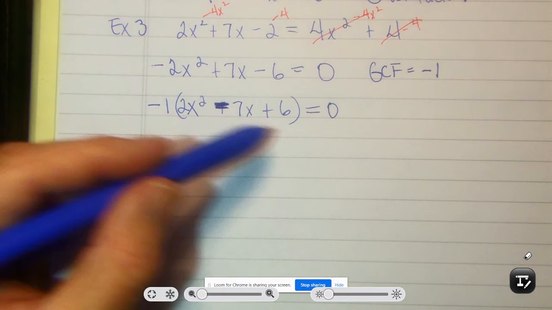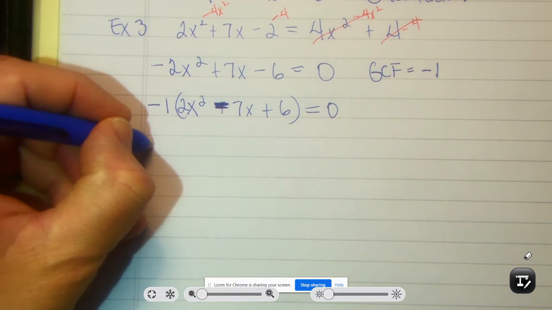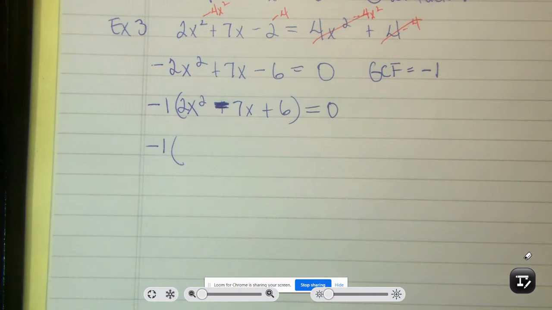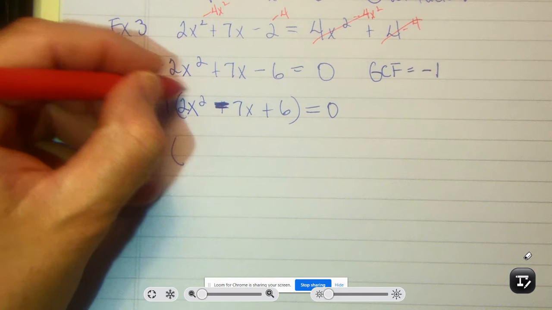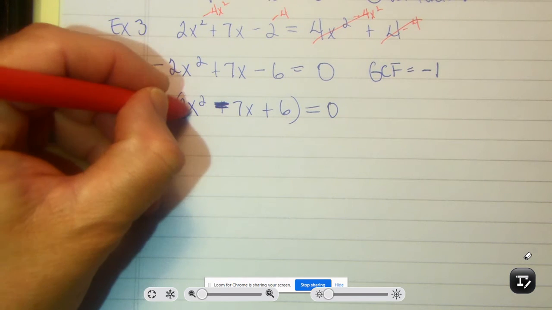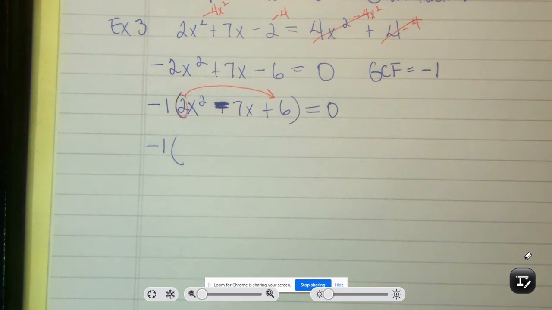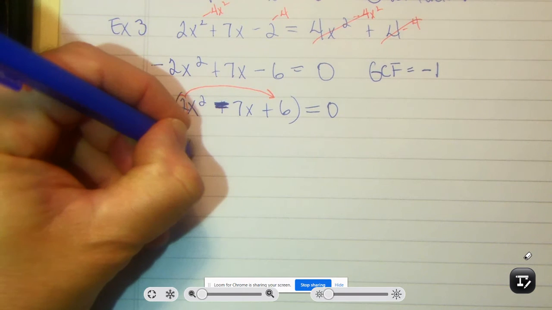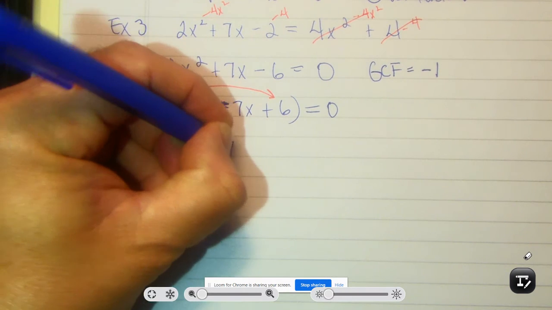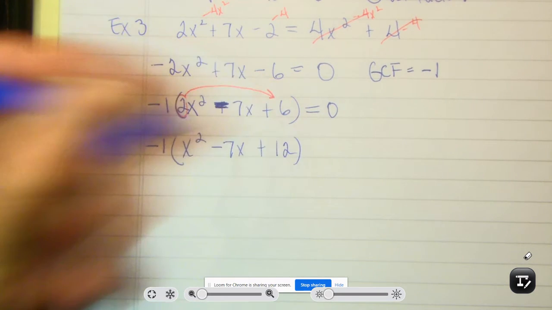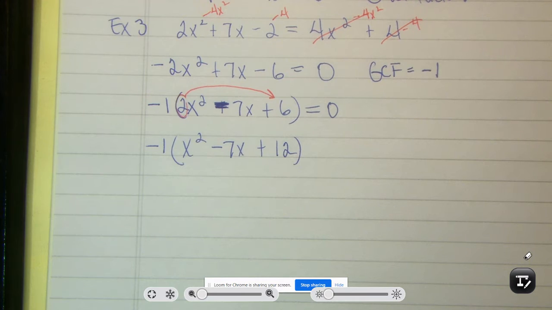So now it's on to the next step, which is to factor. And remember, when I have a coefficient larger than 1 on x squared, then I'm going to use that slide and divide method. So I'm left with x squared minus 7x plus 12 equals 0.